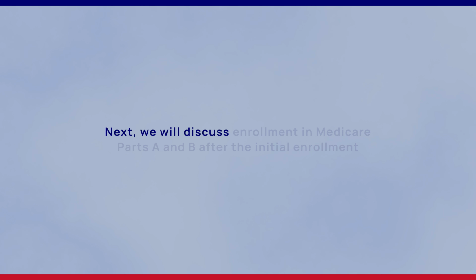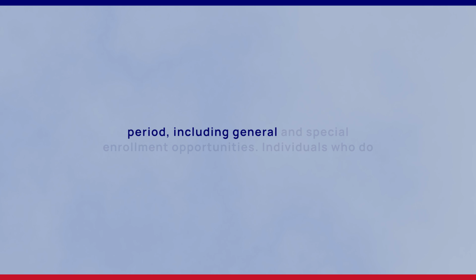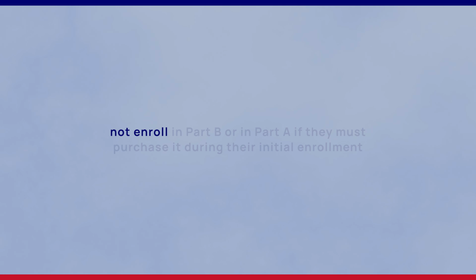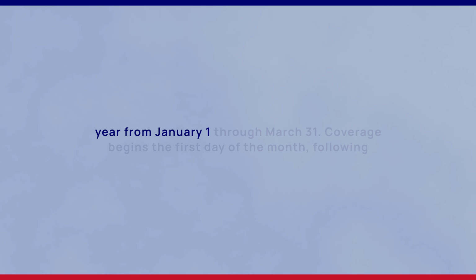Next, we will discuss enrollment in Medicare Parts A and B after the initial enrollment period, including general and special enrollment opportunities. Individuals who do not enroll in Part B, or in Part A if they must purchase it, during their initial enrollment period, may enroll during the annual General Enrollment Period, or GEP, which occurs each year from January 1st through March 31st.